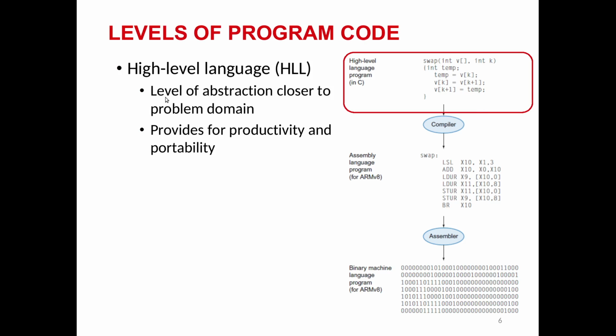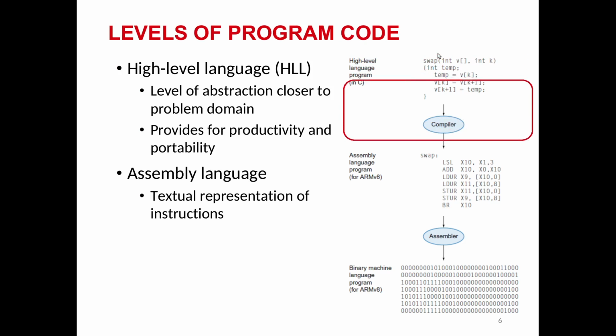So it is a level of abstraction which is close to the problem domain, and it is provided for productivity and portability so that you can easily understand it and reuse it many times. Under that, you have assembly language, which will be compiled from the high-level language by a compiler.